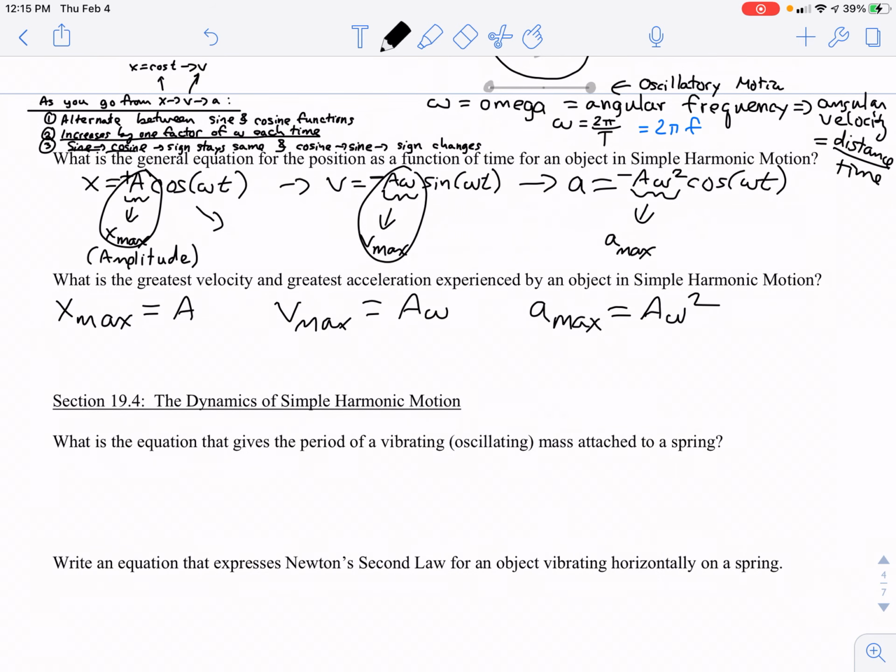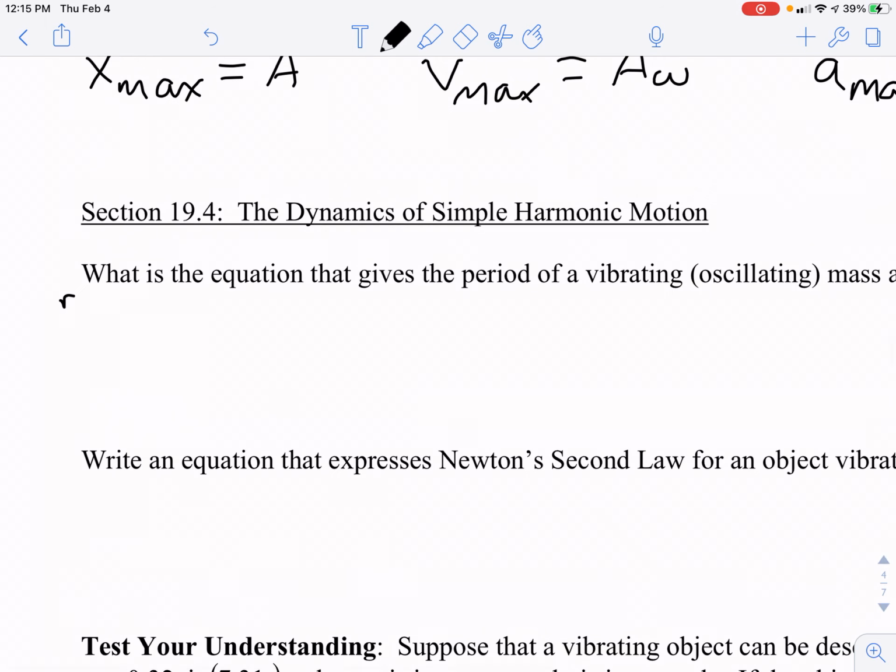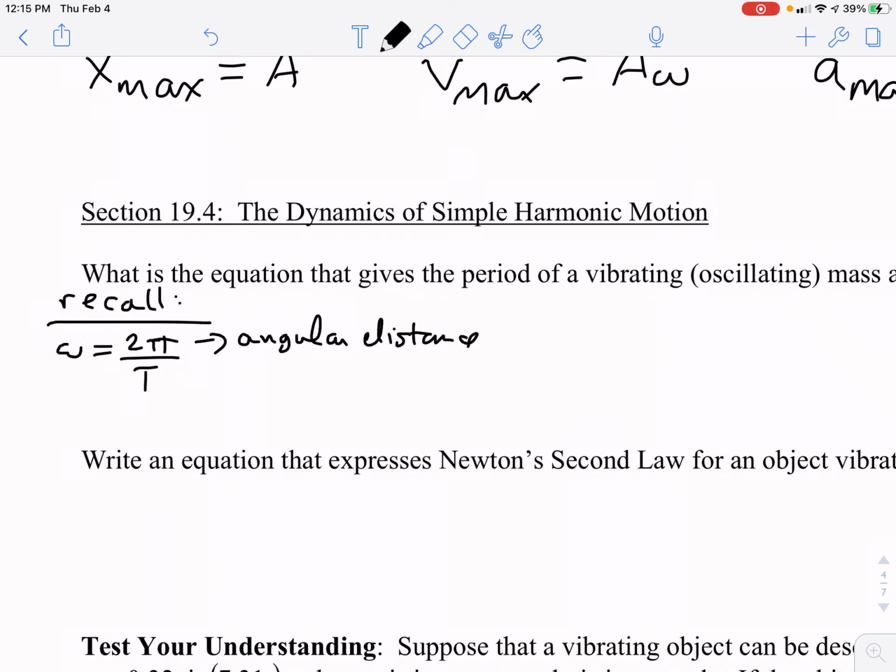Okay, so now let's begin to derive the equation that represents the period of a mass oscillating at the end of a spring. To do this, we're going to begin with the basics. Recall that omega is equal to 2 pi over the period. Remember, angular distance over the time for one cycle.